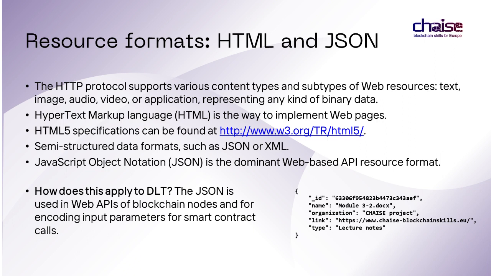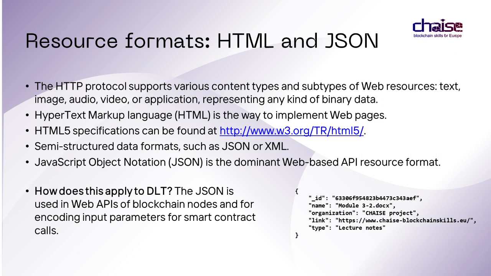Such data can be easily encoded or decoded automatically. JavaScript Object Notation, JSON, originates from the JavaScript programming language, but soon became the dominant web-based API resource format. Other structured data formats are applied for web communications, for example, XML and YAML, but less frequently than JSON.